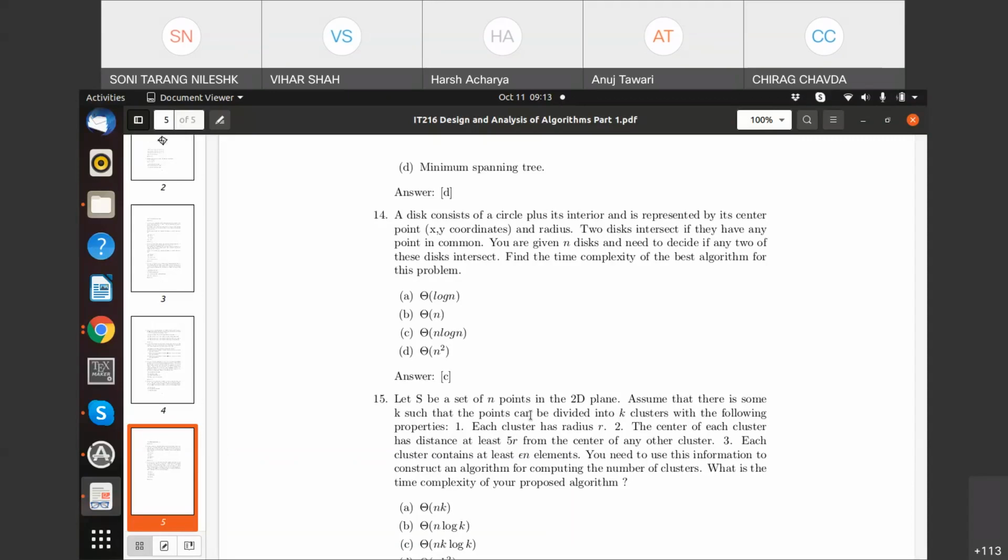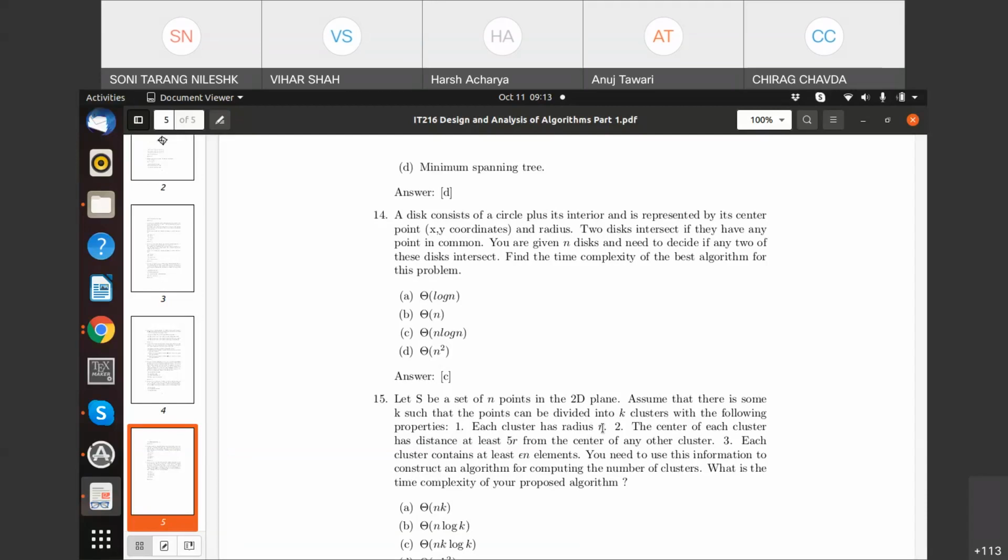So it just looked difficult, but actually the final thing is very easy. The idea is that you pick any point and look at all points which are at a distance of 2r, because inside this circle the maximum distance can be 2r.